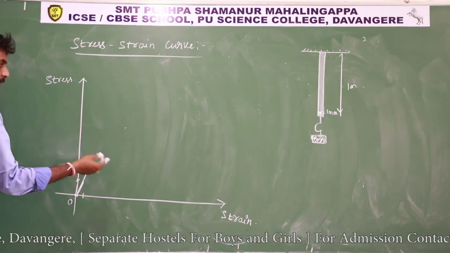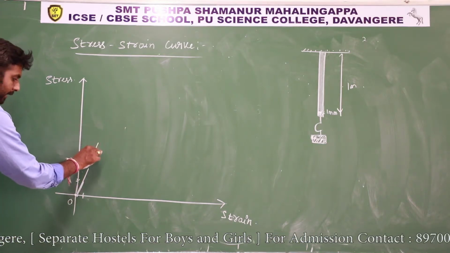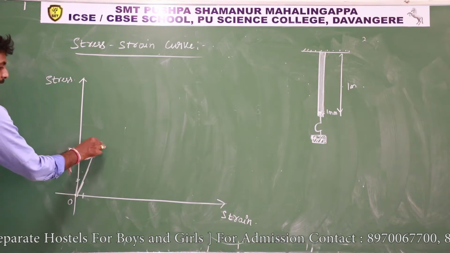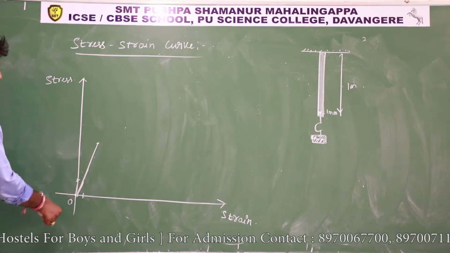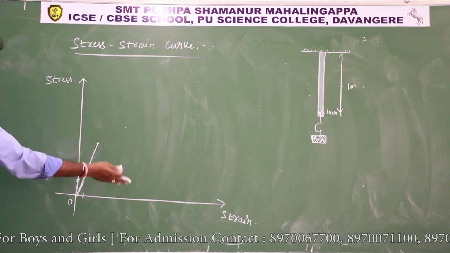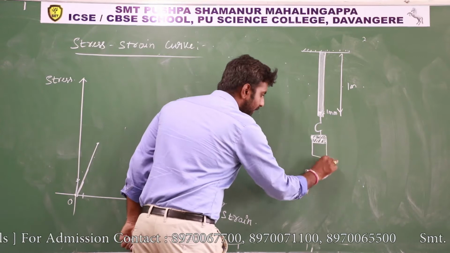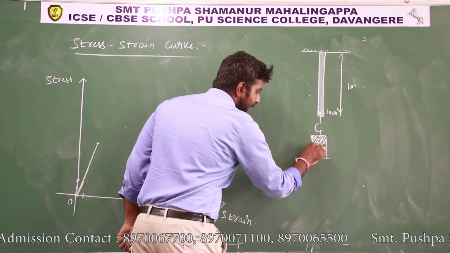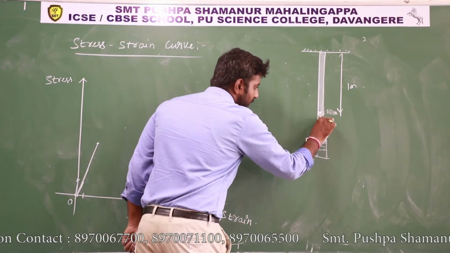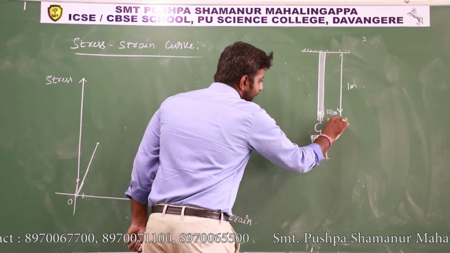Next 3 kg, 4 kg, 5 kg, we will get a straight line, and this line indicates that stress is directly proportional to strain. That means when a 5 kg block is added, the total length increased is 5 millimeters.